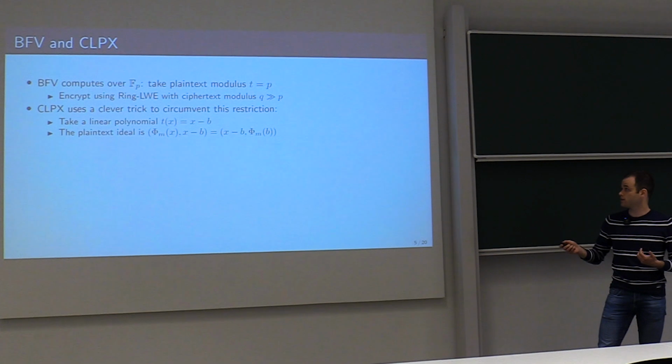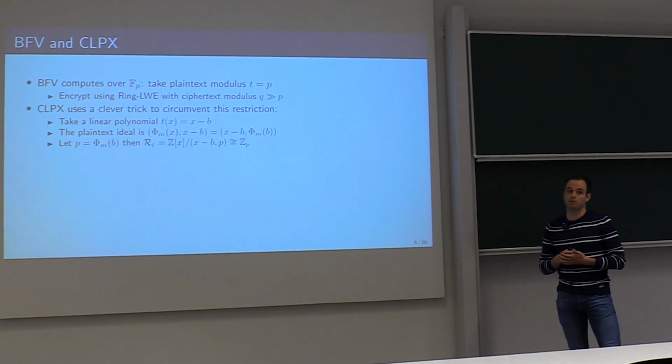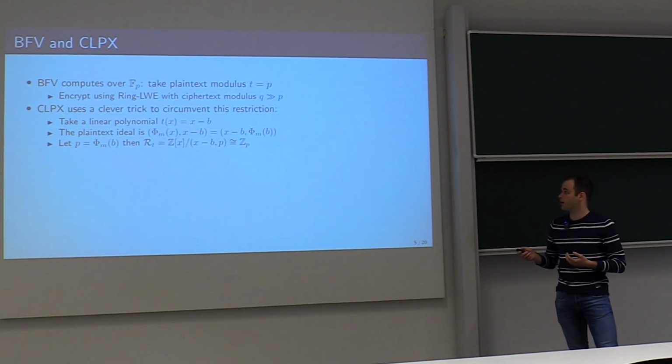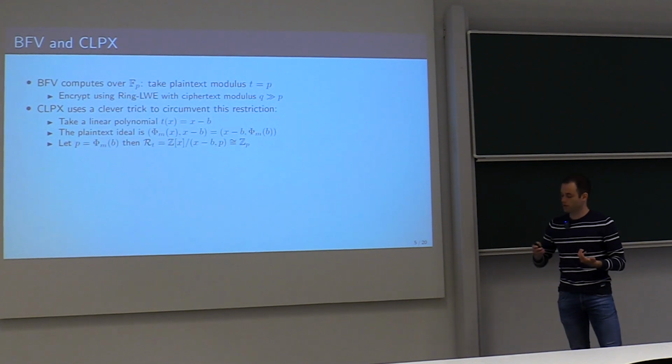So as a result of that, we may substitute x with b everywhere. So instead of the cyclotomic polynomial itself, we get its evaluation in b. As a result, our plaintext ring basically provides native arithmetic modulo this integer phi m of b, which we renamed to p here.